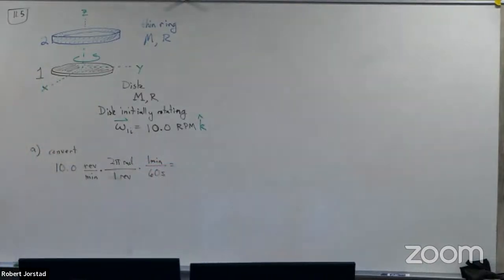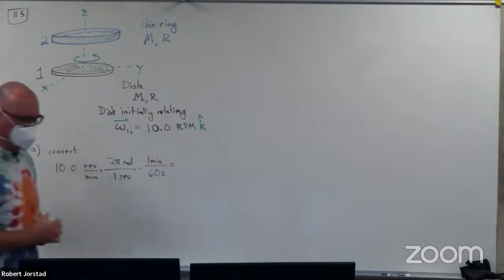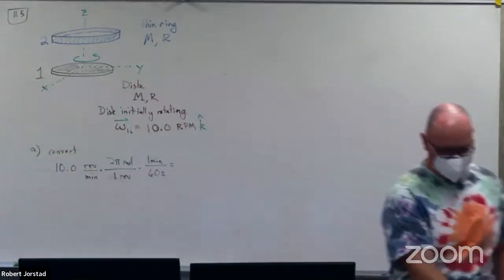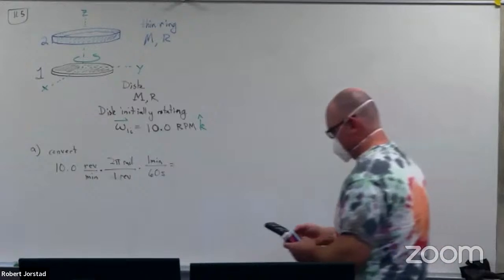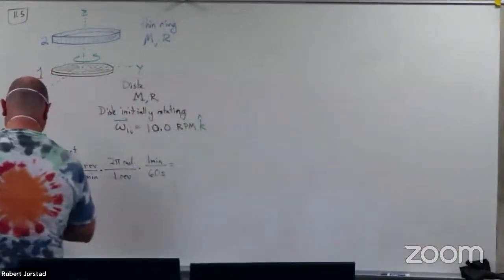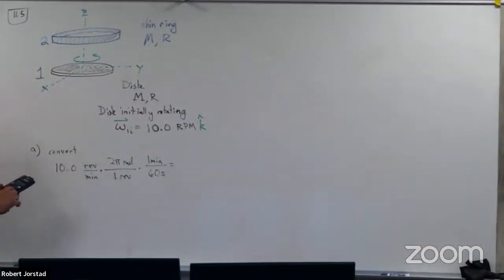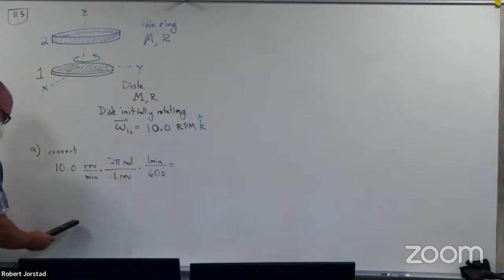Should be approximately a factor of 10, one way or the other. I never remember, but it's about 10. So let's take a look here. I got 10 times 2 times pi divided by 60. I got 1.047.